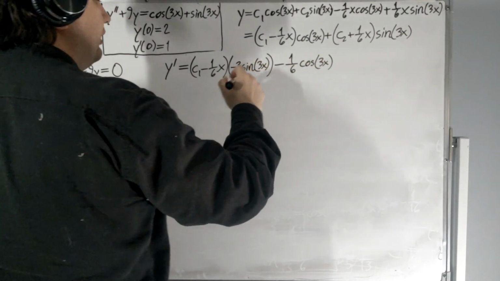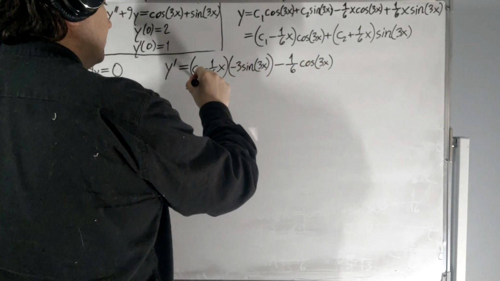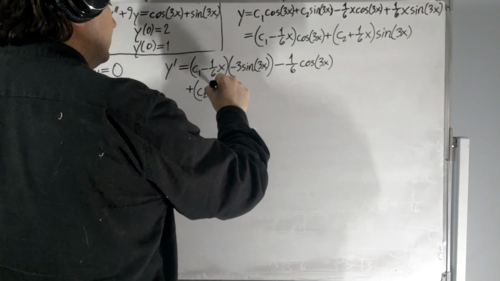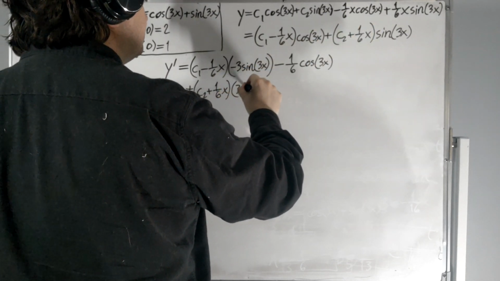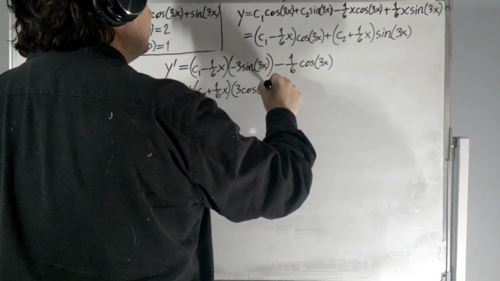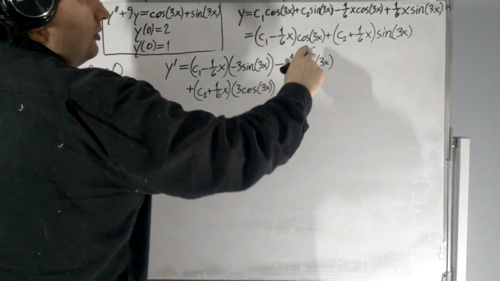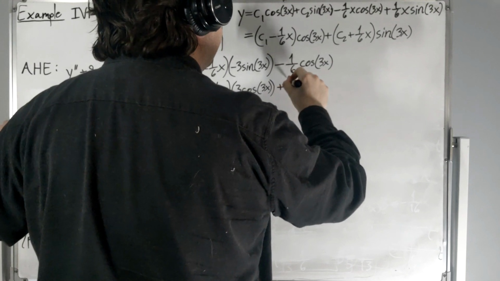And then the same thing over here. First times the derivative of the second, plus the second times the derivative of the first.